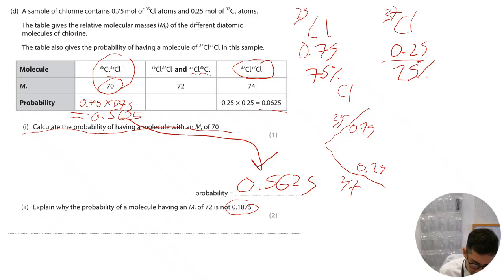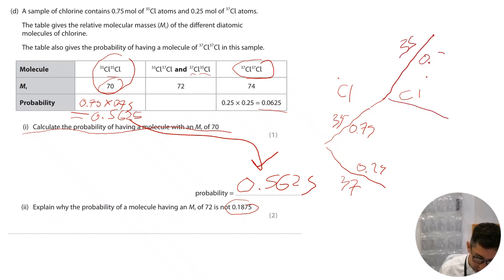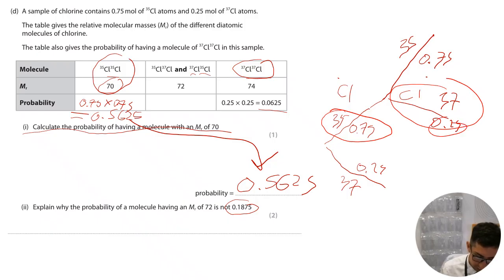And when you've added your first chlorine, there's another chlorine. This one has also got two probabilities. This next one could be again 35, which is 0.75 probability, or it could be 37, 0.25. So you can see we could have this and this, so 35 and 37, and we can work out those probabilities.